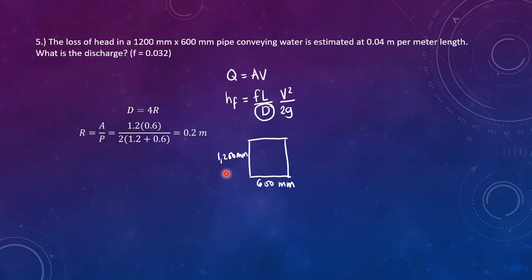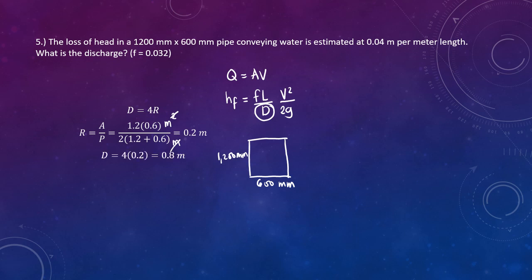We assume that water is flowing full in the pipe, meaning the whole perimeter of the rectangle is wetted, and that perimeter is equal to 2 times 1.2 meter plus 0.6 meter. So the numerator has a unit of square meter, and the denominator has a unit of meter. Cancel meter. The hydraulic radius R is in terms of meter, and that is equal to 0.2 meter.